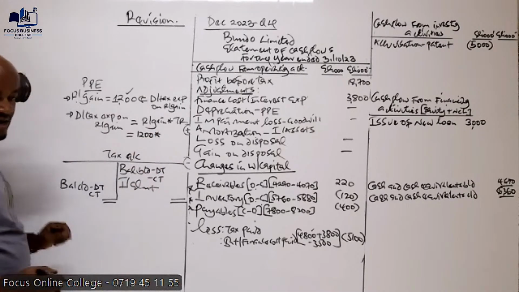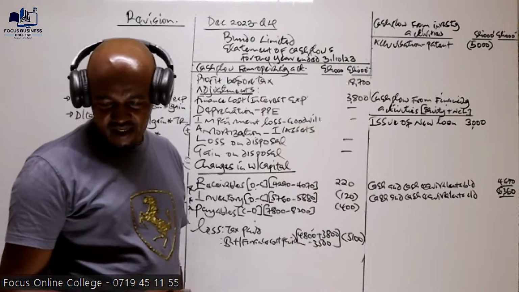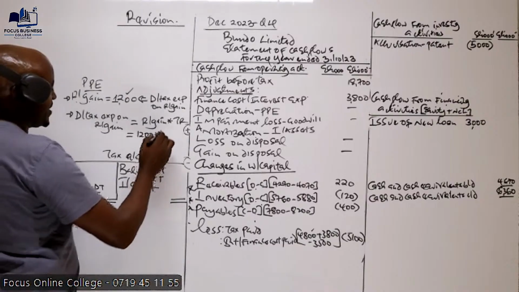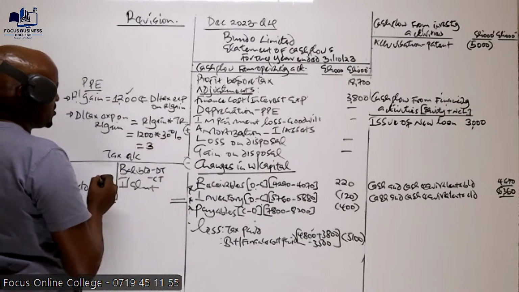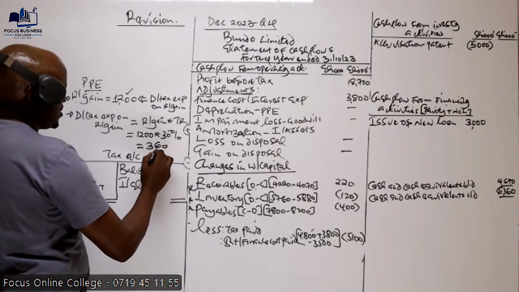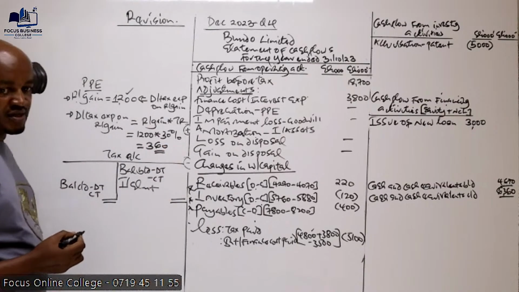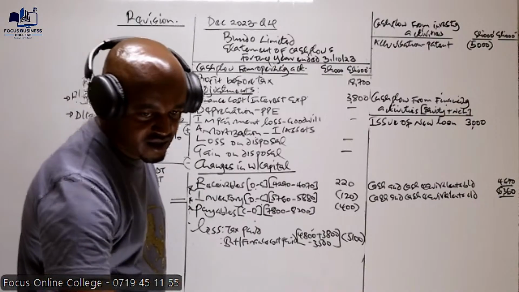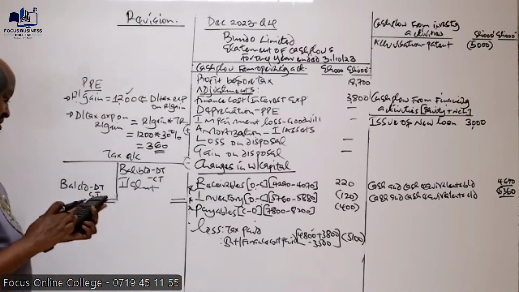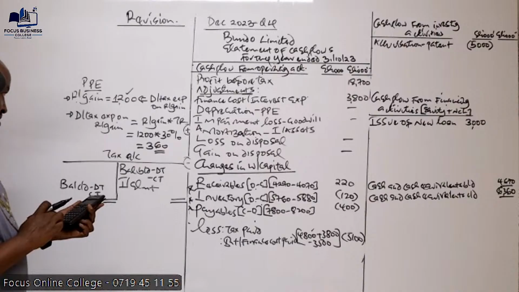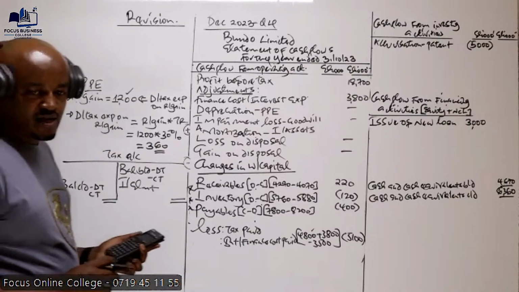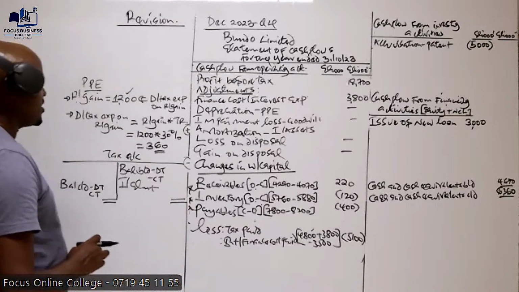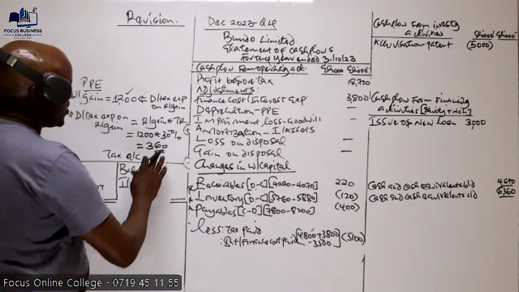As per note number 1 in the last paragraph, we are told the tax rate applicable to this company is 30%. So this will give us an amount of how much? 360. Is that the deferred tax expense on revaluation gain? Yes, 360.